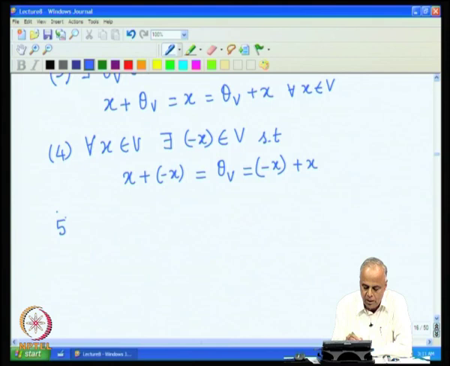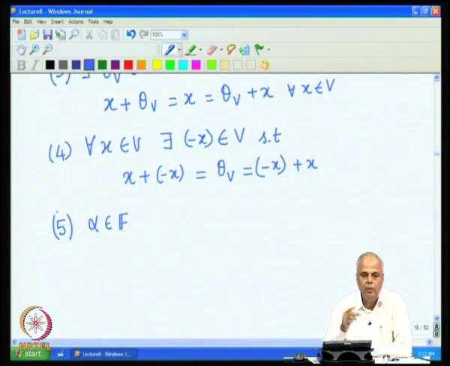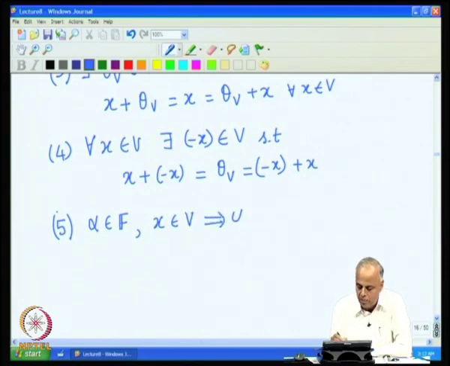Now, we will list the properties of scalar multiplication. We had alpha belongs to F. Whenever in R k we had alpha in R, the role of R is played by the field F, and then we took an element in R k, now we take an element in V, and there we form the scalar multiplication.